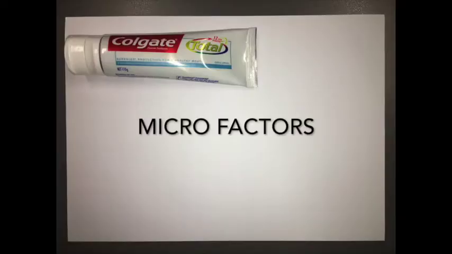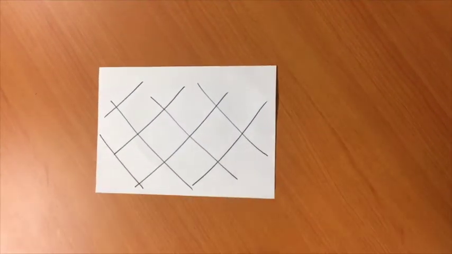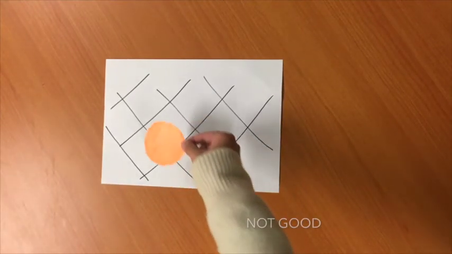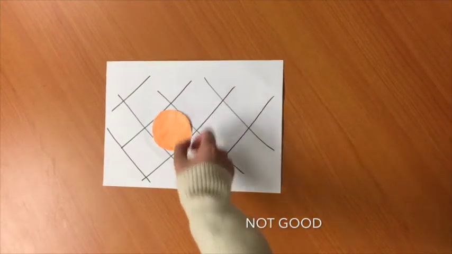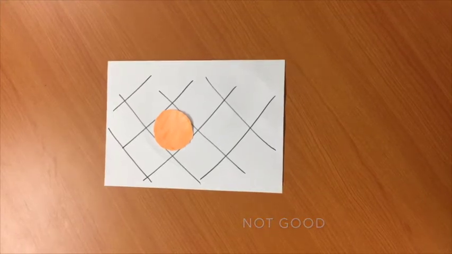Now let's go more deeply into the microfactors associated with the rheological properties of toothpaste. According to the literature, the microstructure of toothpaste has abundant cross-linked mesh networks due to the presence of polyethylene glycol and carboxyl methyl cellulose sodium in their formation.